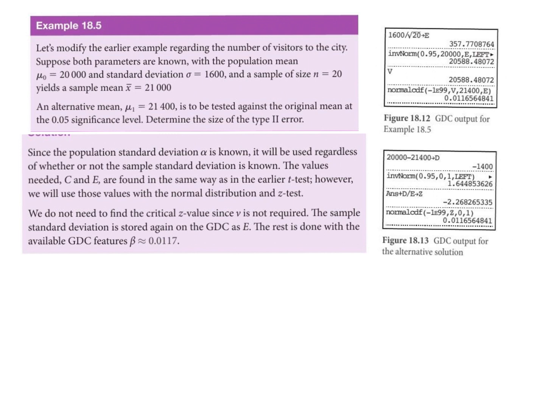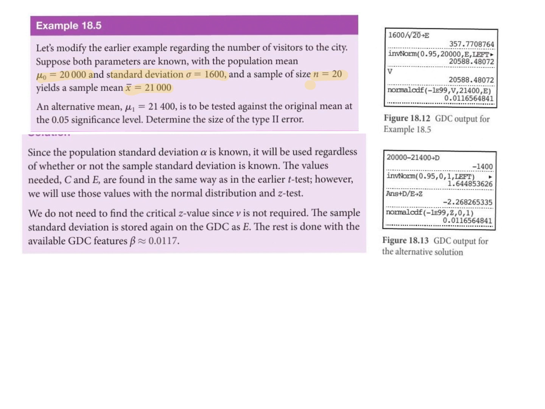For this second example, the population mean is given in the question, and the population standard deviation is also given. The sample size n equals 20, with a sample mean of 21,000.